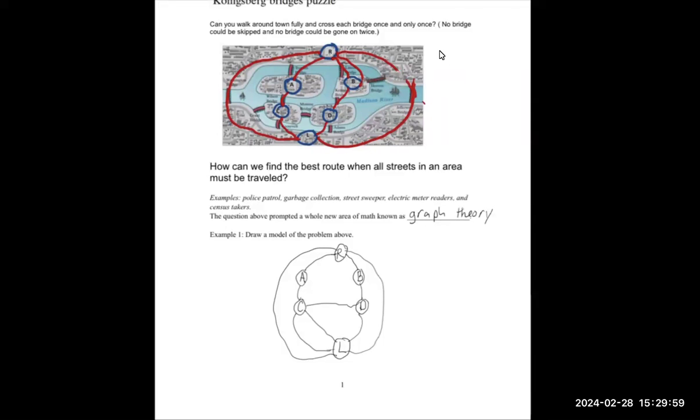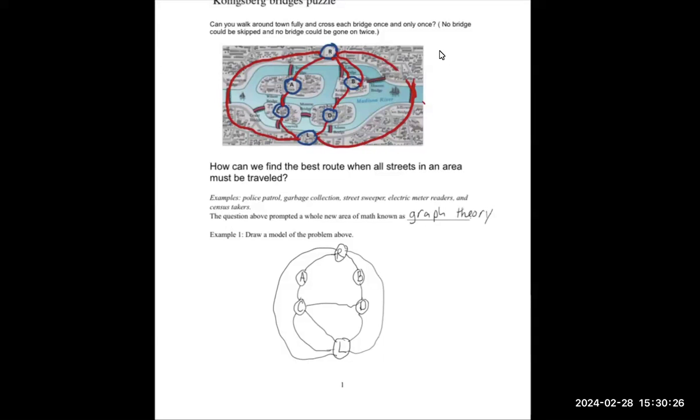This bridge right here actually goes in this direction, but all that's important is which two points it connects. It connects the right side of the river, which is by R, the top of the river, to the bottom of the river, to island B. So that's why I don't have to draw it going the same direction exactly.